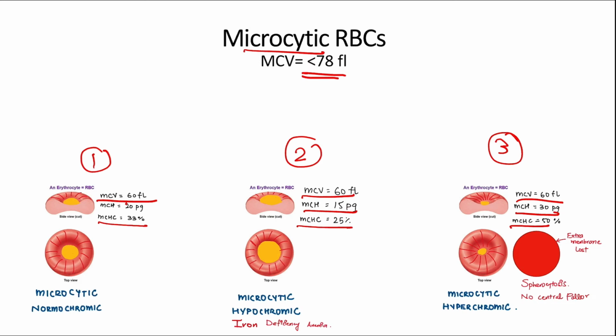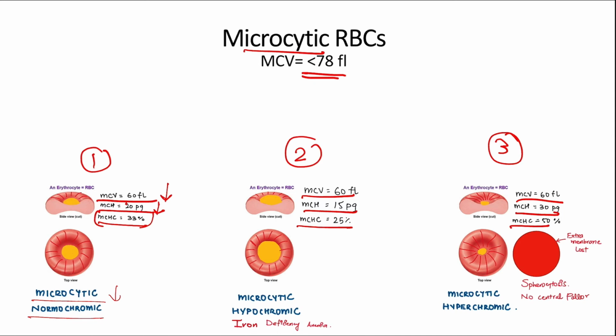So the first cell is called microcytic because it is lesser in size, and normochromic because it has an adequate amount of hemoglobin according to its size. Here the size is small and hemoglobin is also less, so the MCHC is constant at 33%.